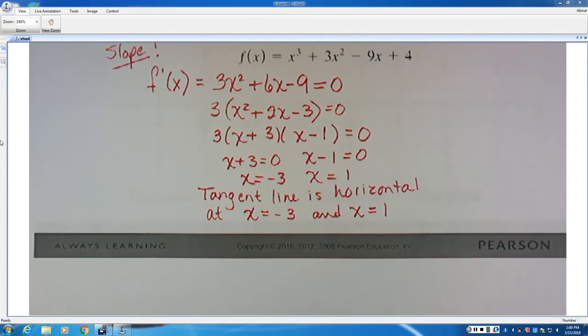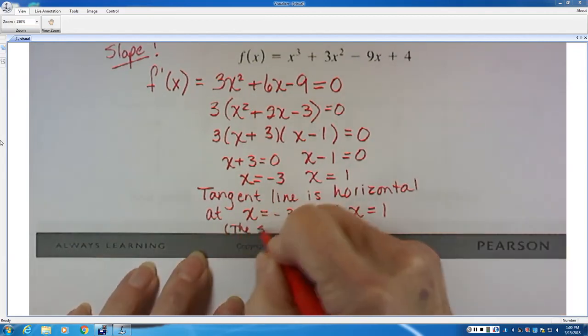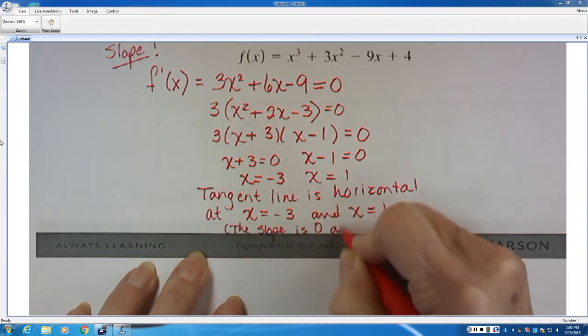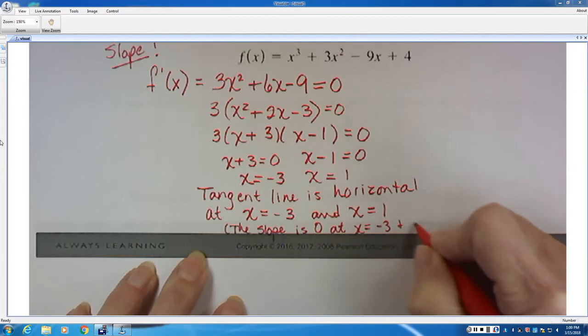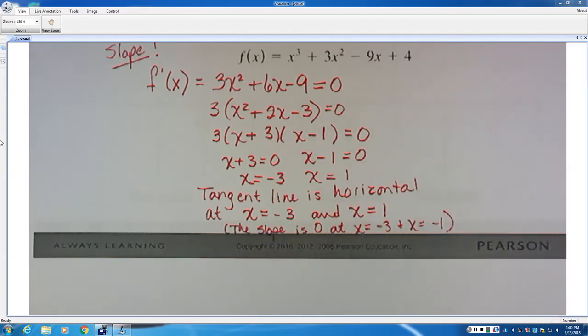Okay? In other words, it's telling you the value of the slope is 0 at those 2 places.